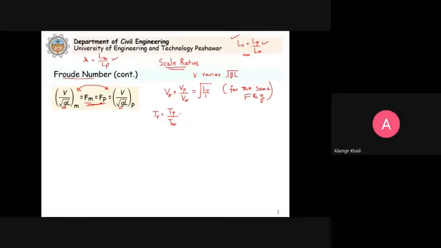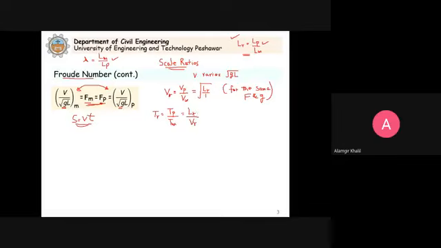So now this TR, we already know that this can be written as LR divided by VR, because we already know that S is equal to VT. We already studied before that S is equal to VT. So from here we can write this as LR divided by VR.